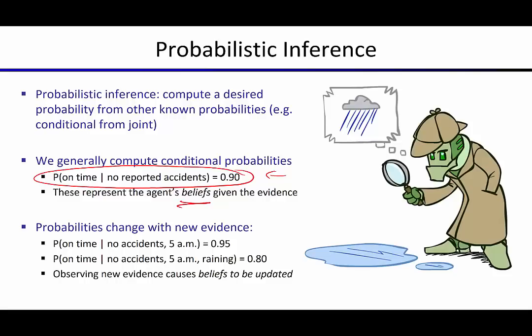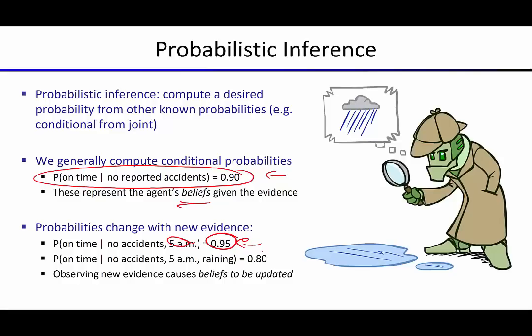Probabilities can change. You can do a probability calculation conditioned on no reported accidents. Then in addition to that, you measure something else, namely that it's 5 a.m. right now. And then the distribution will change, and you now have a probability of 0.95 of being on time as opposed to 0.9 before. Okay?